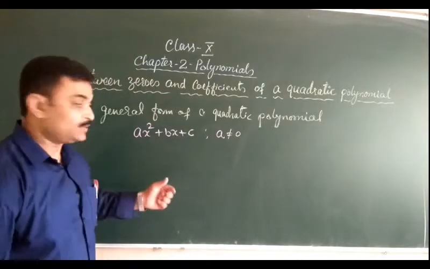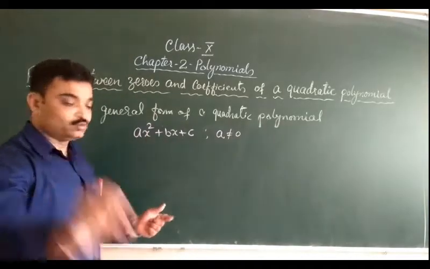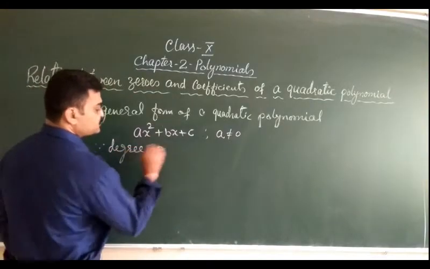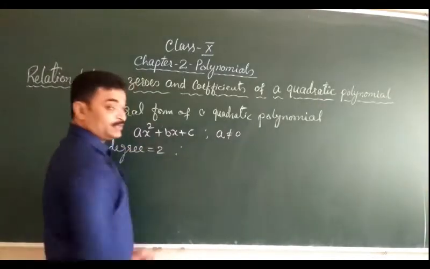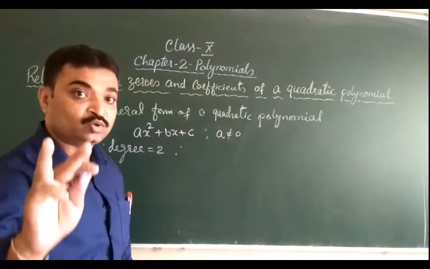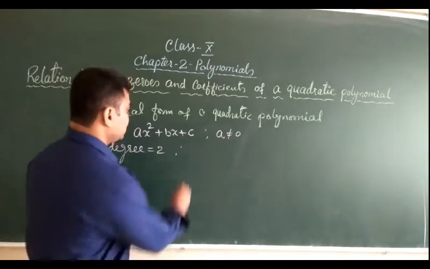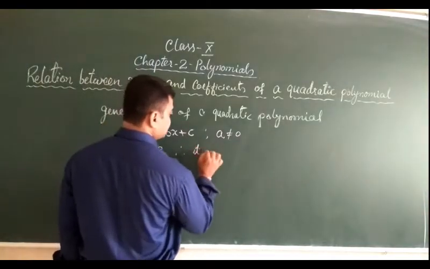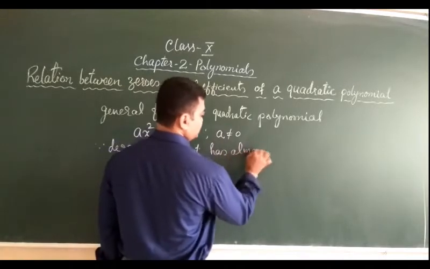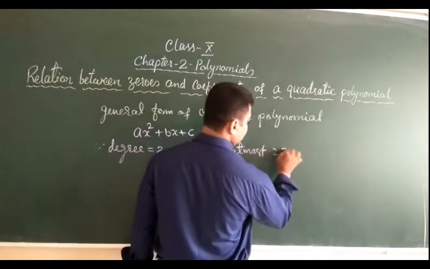Since the degree of this polynomial is 2, therefore this polynomial has at most 2 zeros.